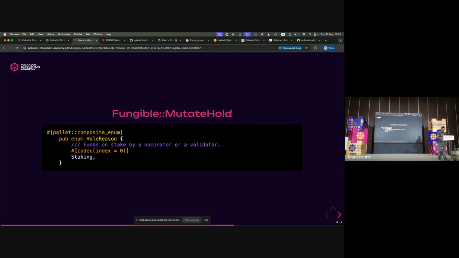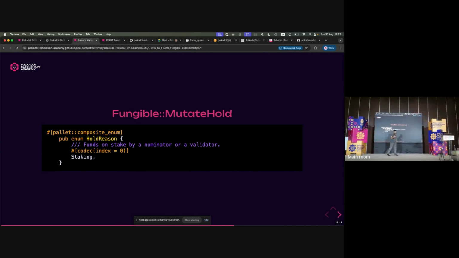Okay, let's look at a little bit of pseudocode, and then we will also look at some pallet where this is happening. In order to have a hold, you need a hold reason. I don't know if you have seen this attribute macro, composite enum.